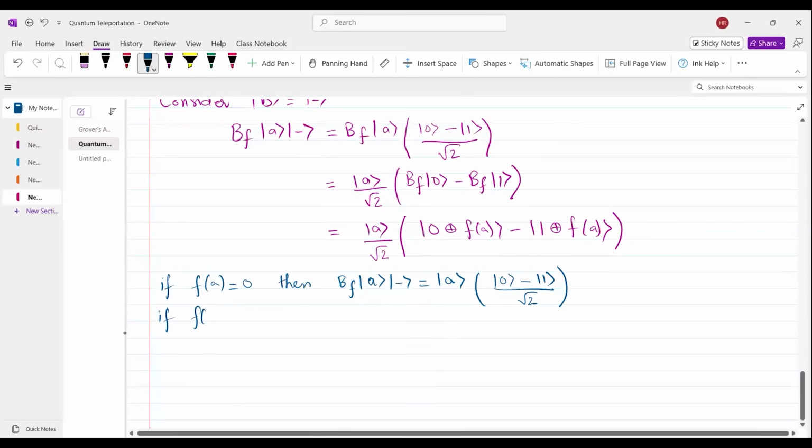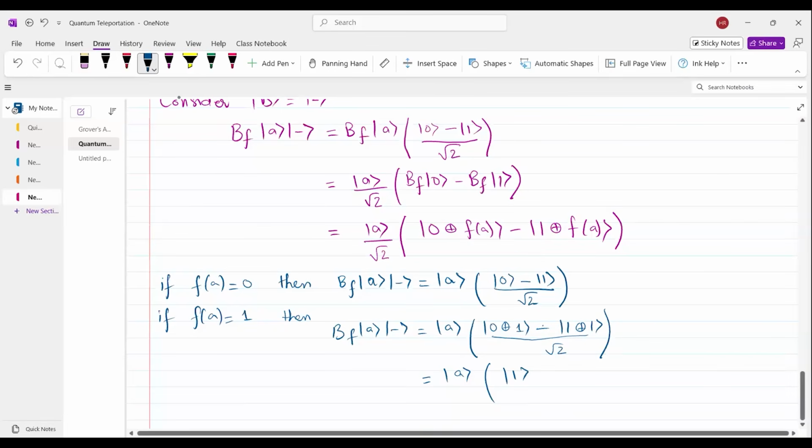However, when f of a is equal to 1, then this will become 1 XOR 1, which will give us (0 minus 1 qubit) over square root 2.